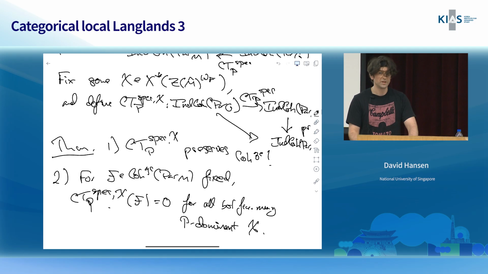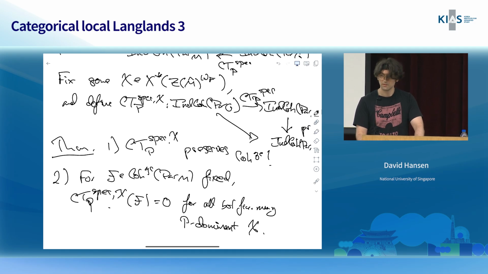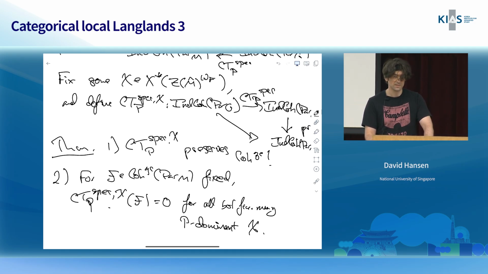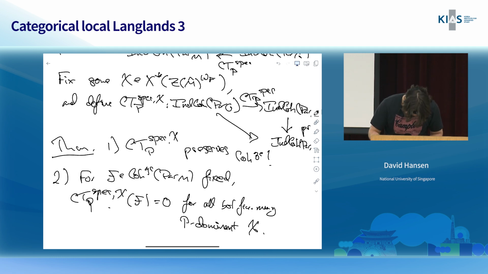Okay? So you have to read this carefully. I'm only making a claim about P-dominant chi. It's easy to write down F where this is non-zero for every chi which is not P-dominant, but for some reason this is true. Yes, sorry, that's a typo. Thanks.